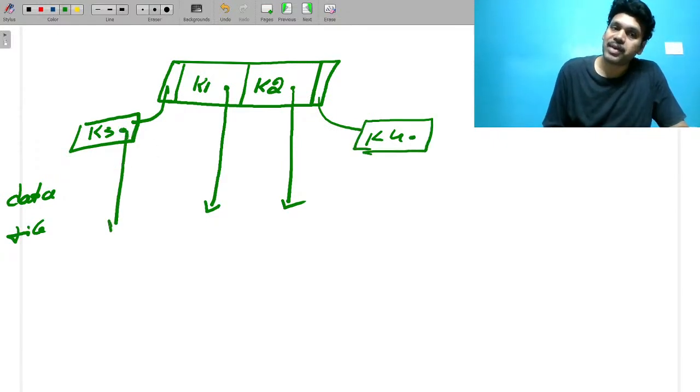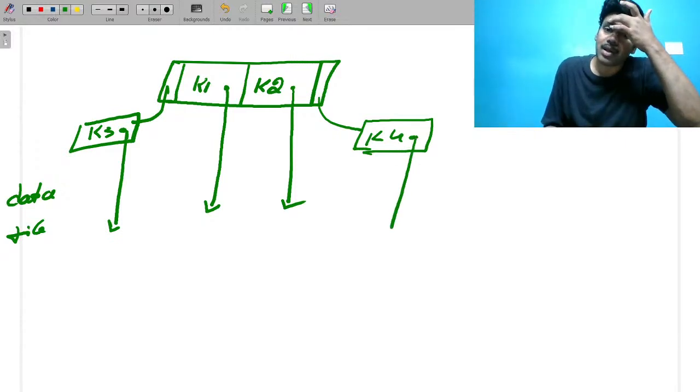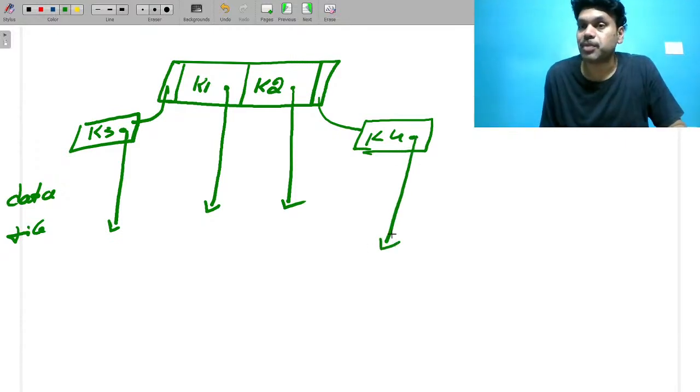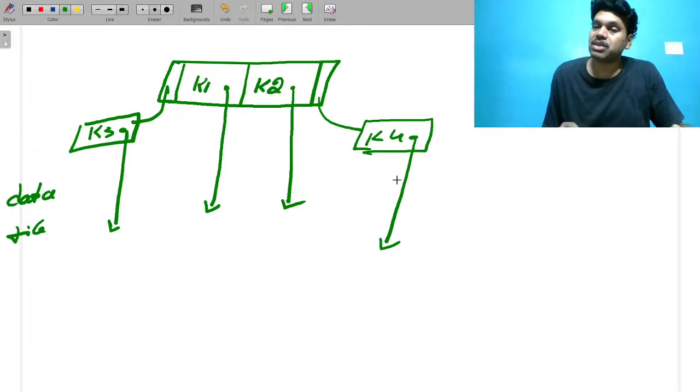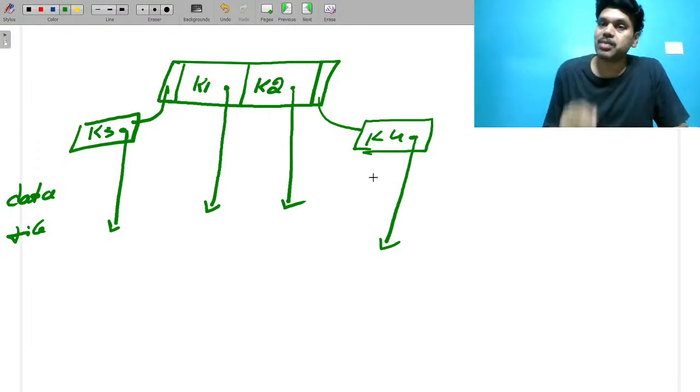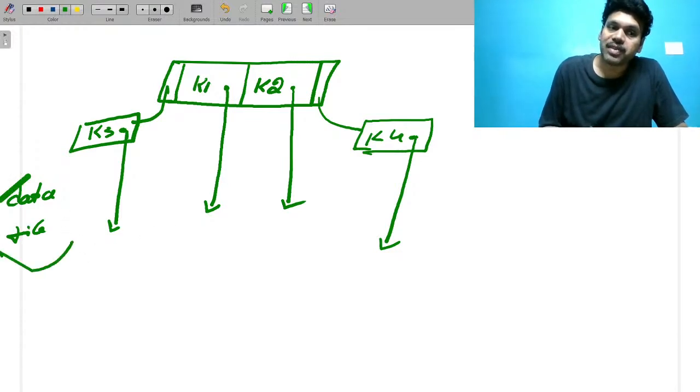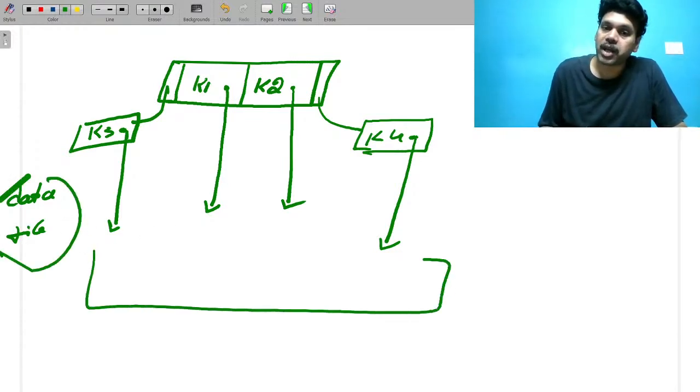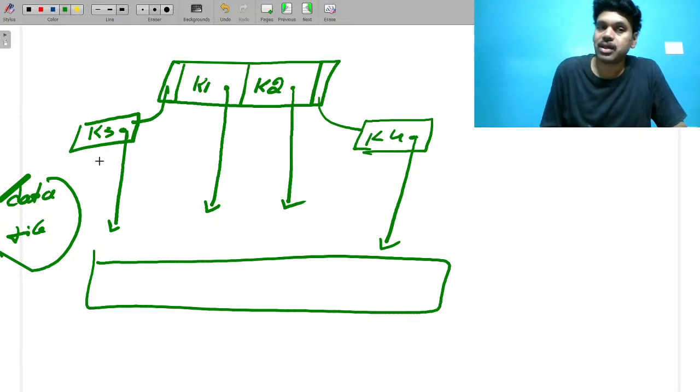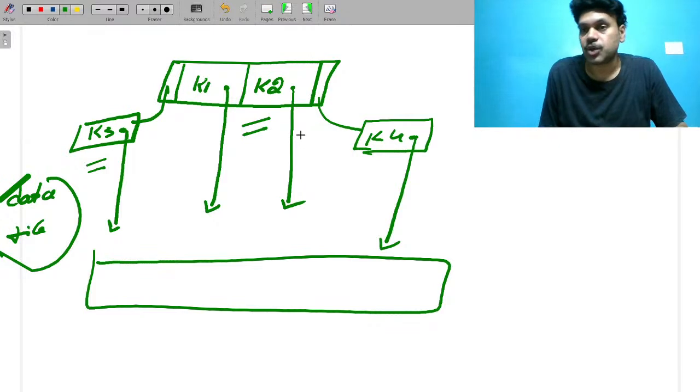Therefore, you have a record pointer from the internal node, and you also have a record pointer from the root. So the lengths of your record pointers are not the same, because your data file is going to get the data pointers from all the levels. You're going to find them from internal nodes as well as from your root node.